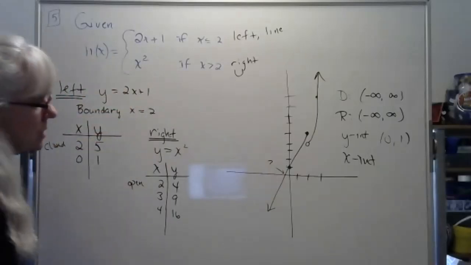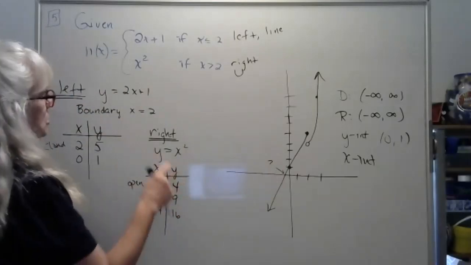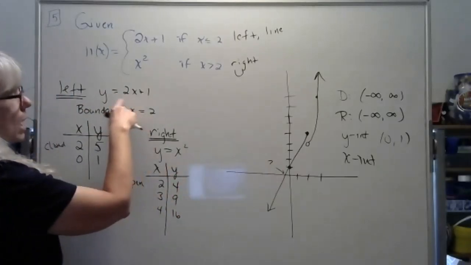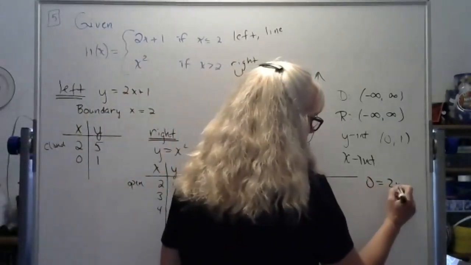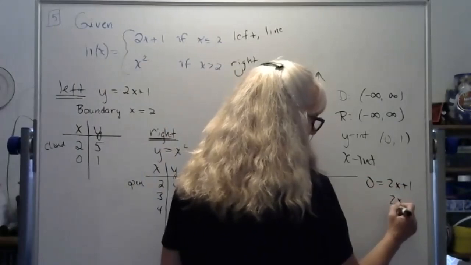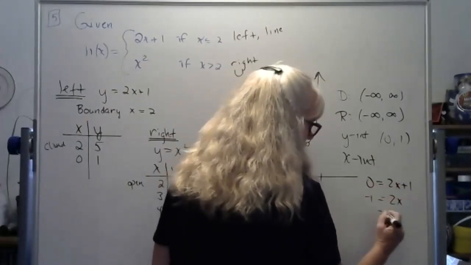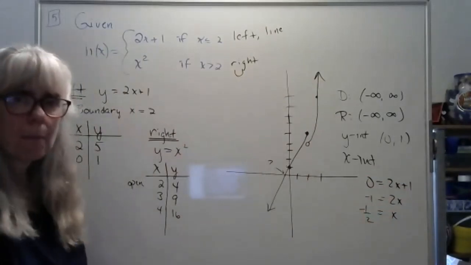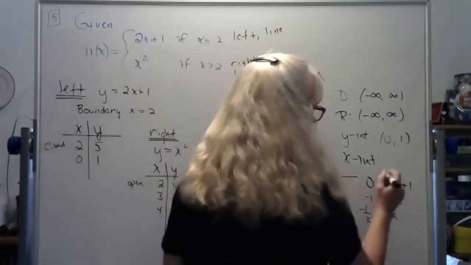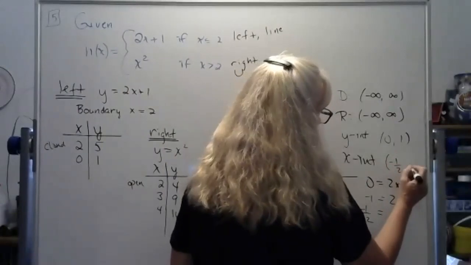Well, to find the x-intercept, can't we just come in and replace the y with 0? So we're going to set 0 equal to 2x plus 1. So 2x equals -1 and x is -1/2. So I can go find it. If I can't tell from my picture, I can definitely go find it. So that would be (-1/2, 0).